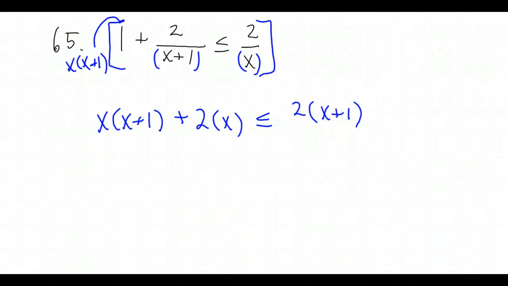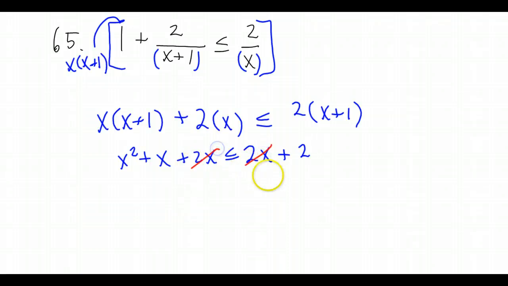Okay, now there's kind of a normal equation. It's not linear, but we can solve this. x squared plus x plus 2x less than or equal to 2x plus 2. The 2x's will cancel when I subtract. I go ahead and bring this 2 over, so I get x squared plus x minus 2 less than or equal to 0.